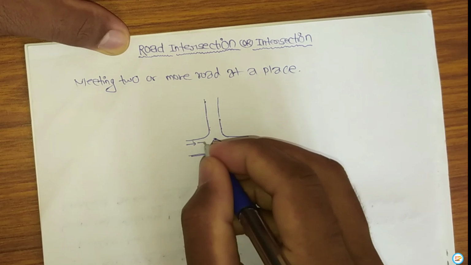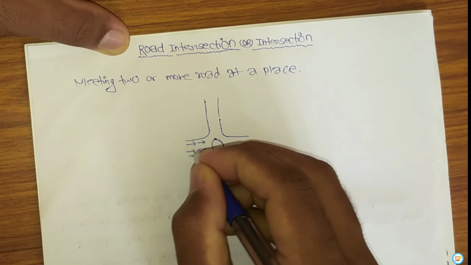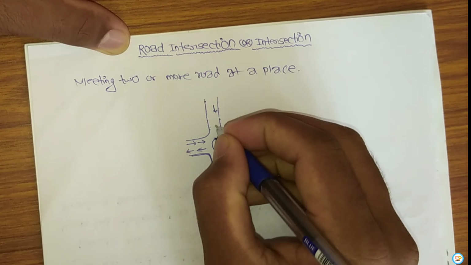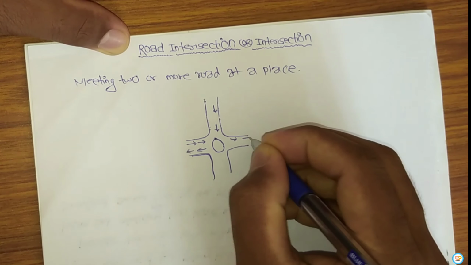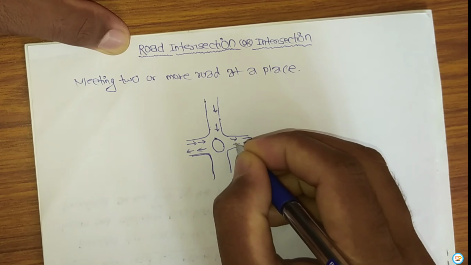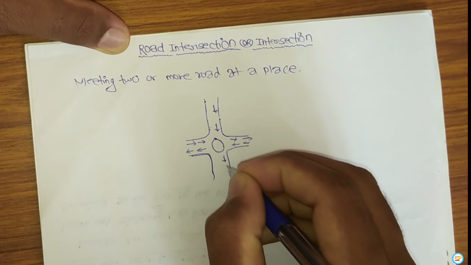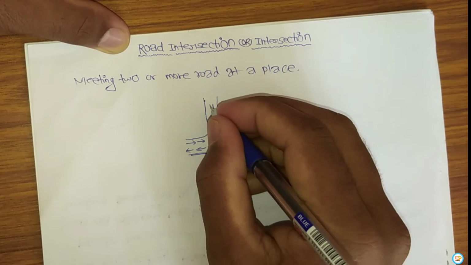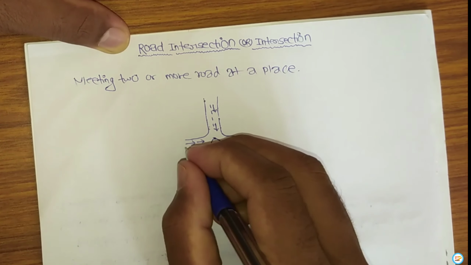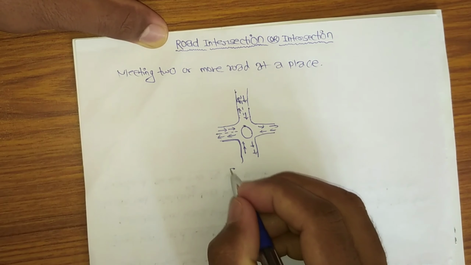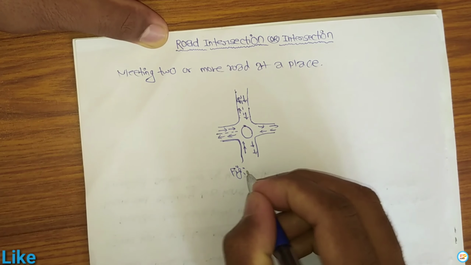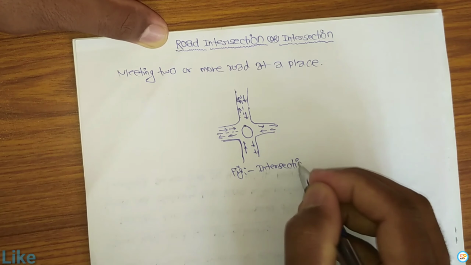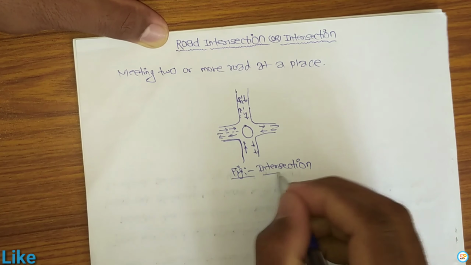So this is the movement of vehicles. This is the figure of an intersection.